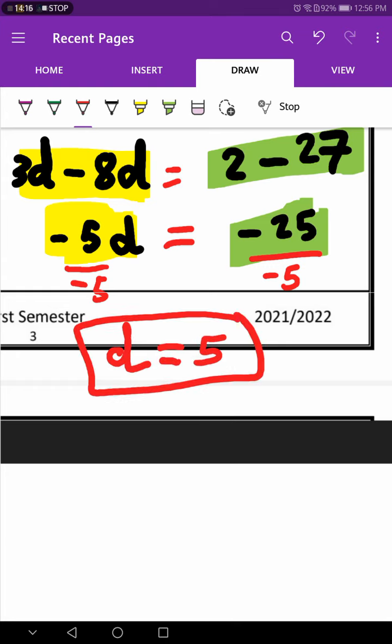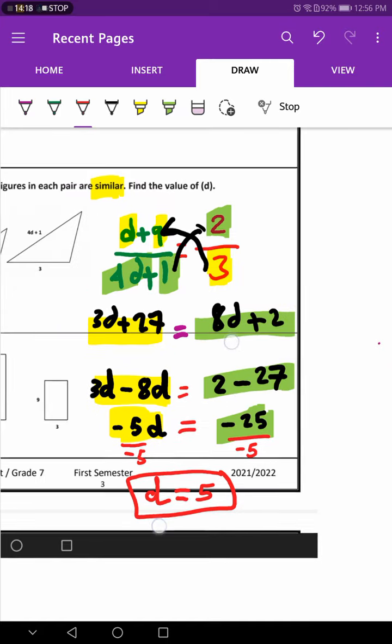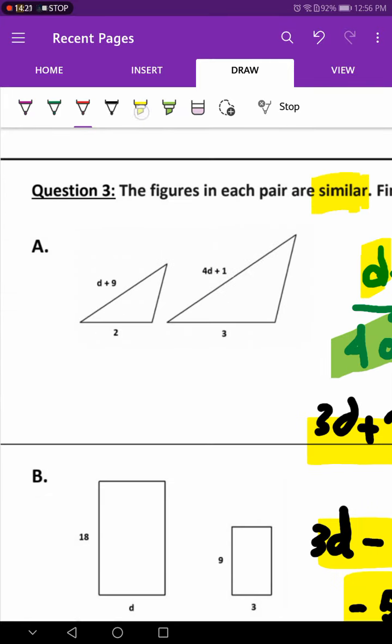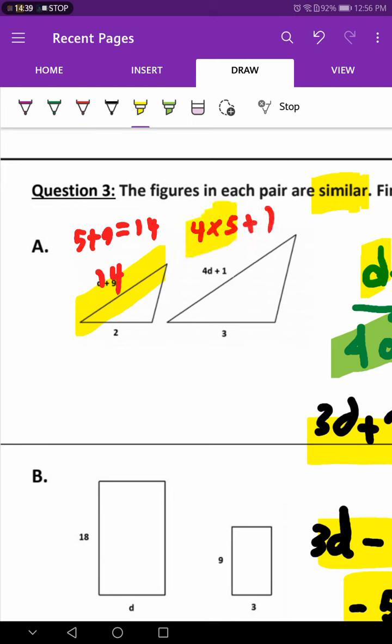We don't finish, remember that. Now D equals 5, that means this side, D plus 9, is 5 plus 9 equals 14. So this is 14. And here 4 multiplied by 5 plus 1 is 20 plus 1 equals 21. So here it is 21. I find the missing side, it is 21.